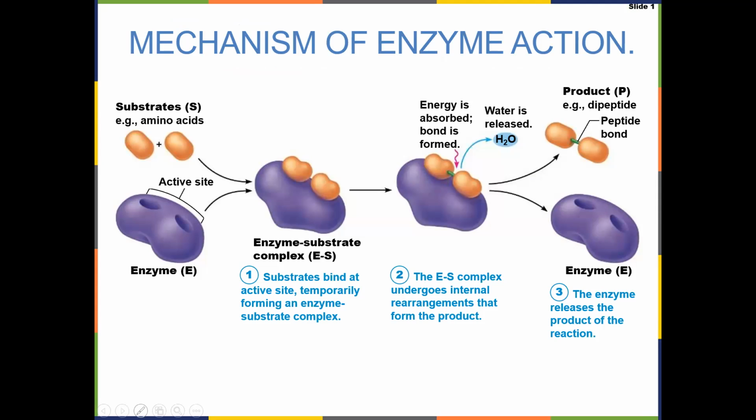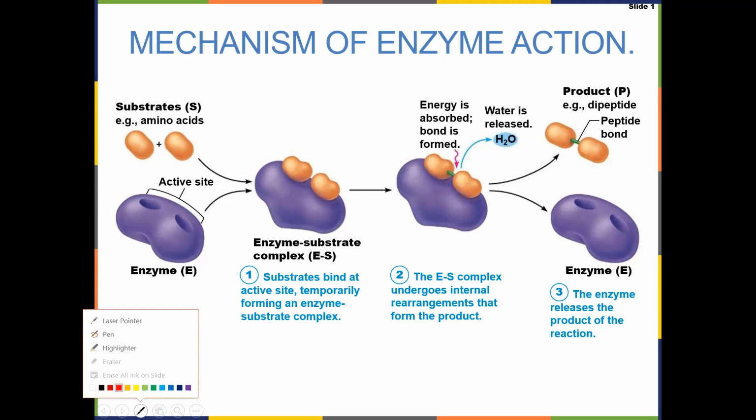And so the enzyme will take the amino acids that fit their active site, bring them together, allow a bond to form, a peptide bond, and then release the product, and then go do it again and again and again. And this is how we link, this is the basis of how we link amino acids together to make proteins.